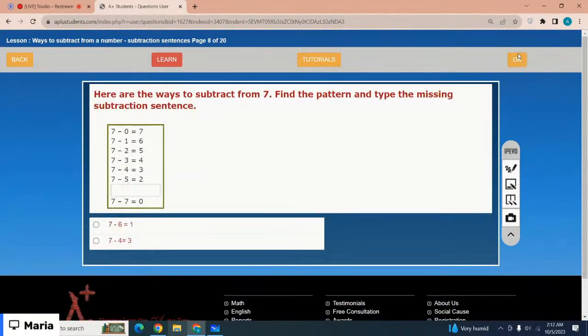Okay, here are the ways to subtract from 7. Find the pattern and type the missing subtraction sentence. So, which is the correct option?